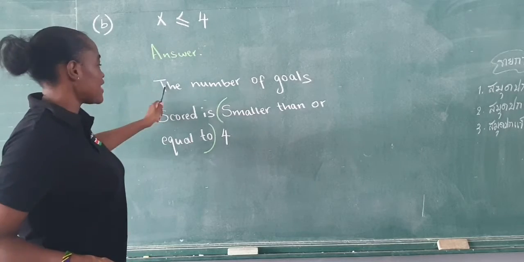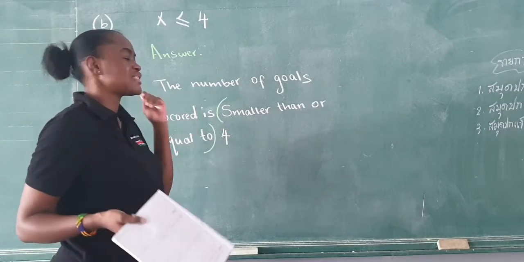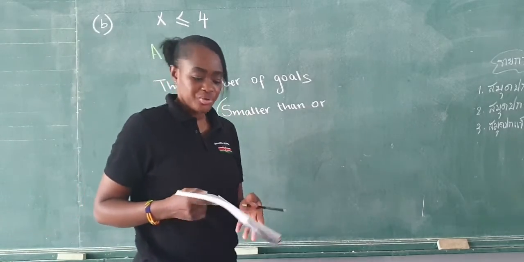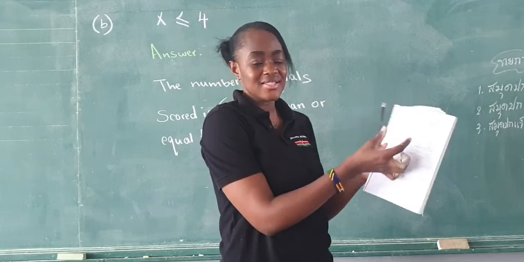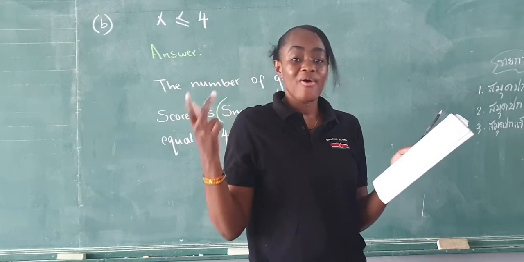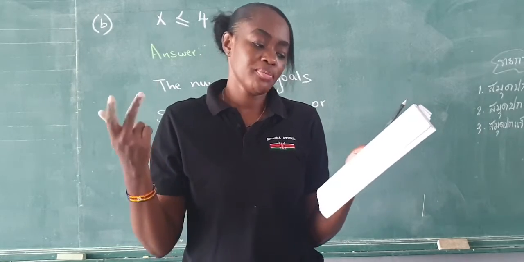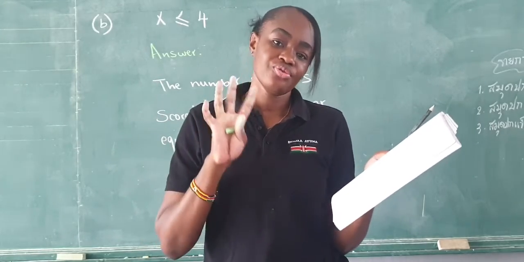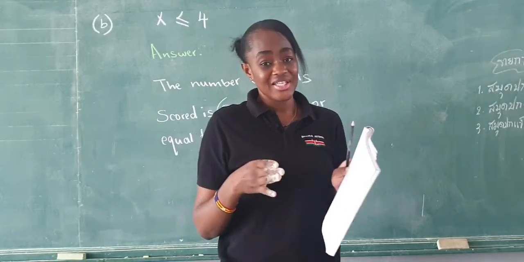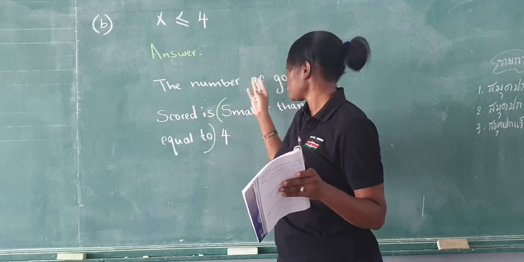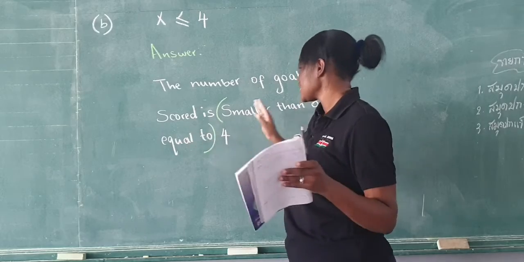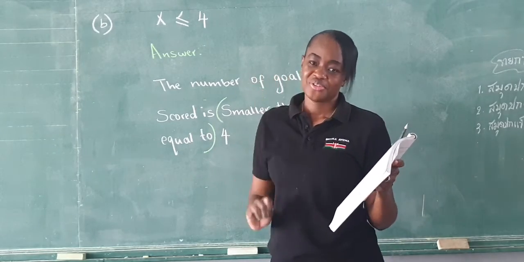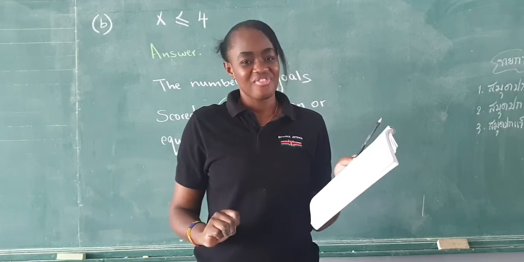Your answer is the number of goals scored is smaller than or equal to 4. If you want, you can write the whole sentence, which is the number of goals scored in a football match is smaller than or equal to 4. Or you can shorten it and write the number of goals scored is smaller than or equal to 4. Do you understand? Very good.